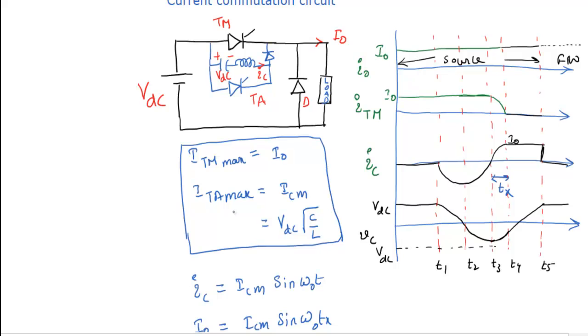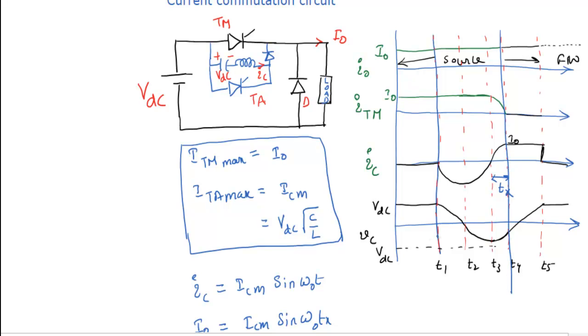But in this case we already discussed the waveform; assume at t equal to t1 both the thyristors are turned on together. Then what is the time in which the main thyristor is turned off? That's nothing but, if you turn on both the thyristors here, then the main thyristor is turned off here.